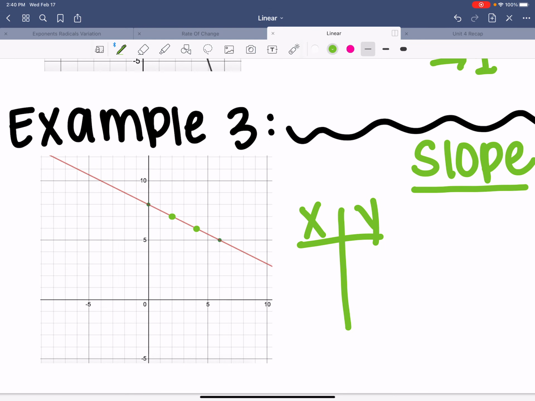So the first point is 2, 7. And the second point is 4, 6. So in my table, I have the point 2, 7 and the point 4, 6.